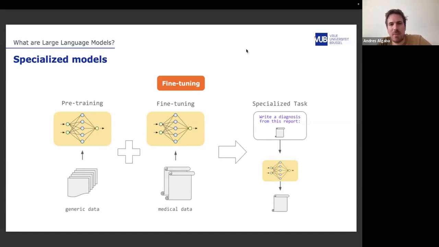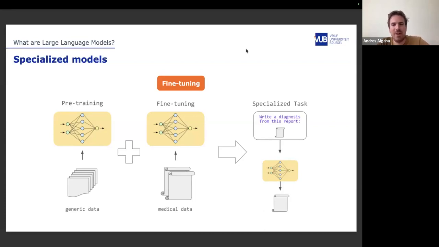One of the things that they may have done is something called fine-tuning. What is fine-tuning? After the pre-training phase, after the phase where you have turned the model into a chat model through either instruction training or RLHF, you may feed some additional very specific data to the model. For example, you want the model to become a specialist in medical data.